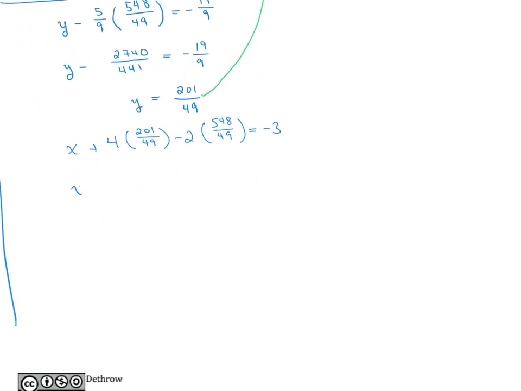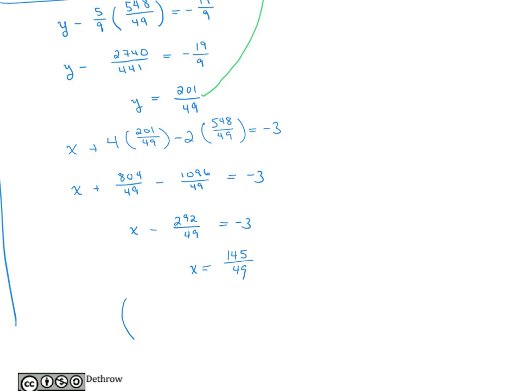So this means x plus 804 over 49 minus 1096 over 49 will equal negative 3. So this means x minus 292 over 49 will equal negative 3. And so x equals 145 over 49.